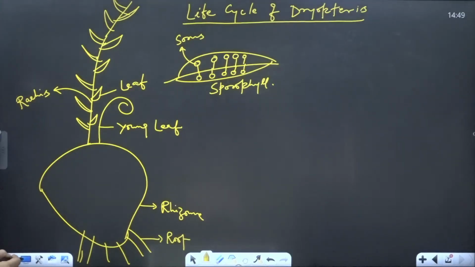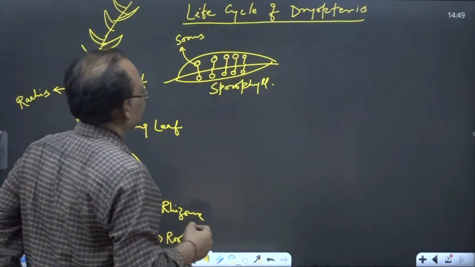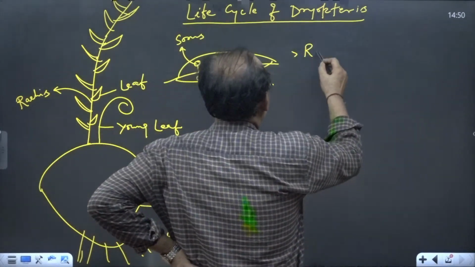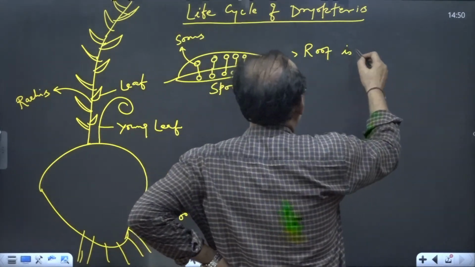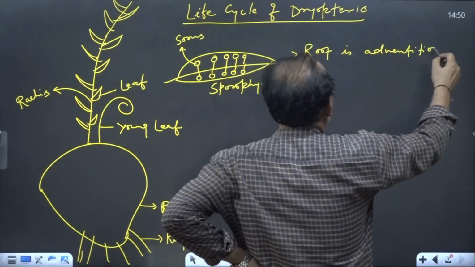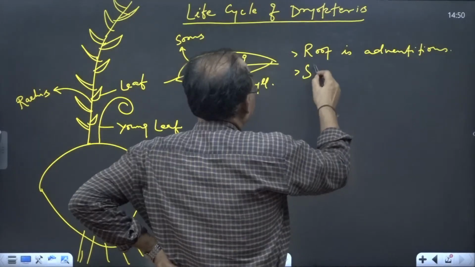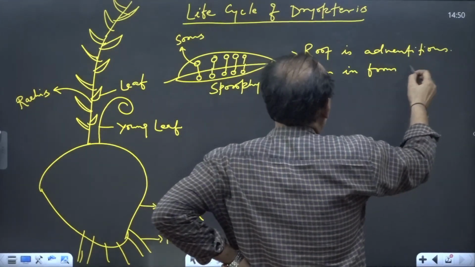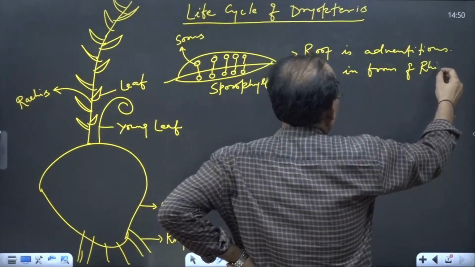Okay. So start with the root. Root is adventitious. Stem is in the form of rhizome.